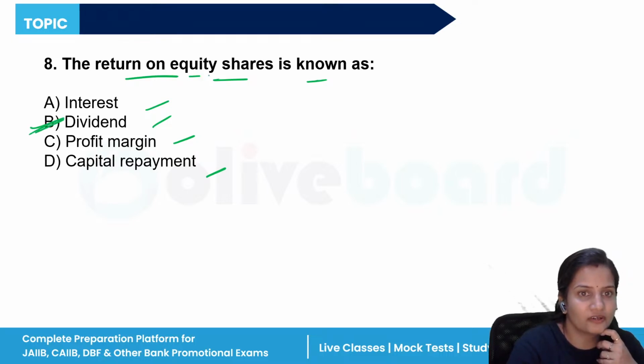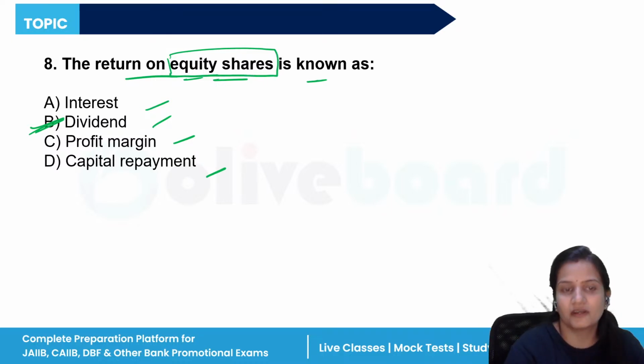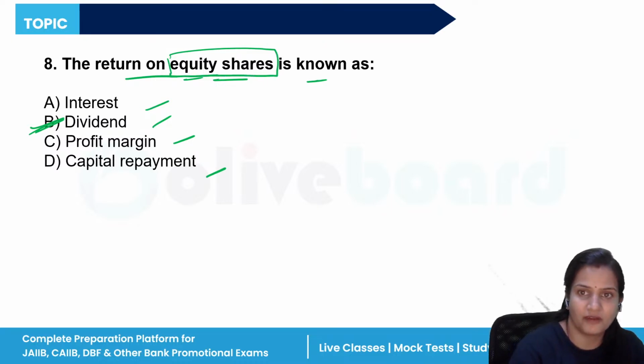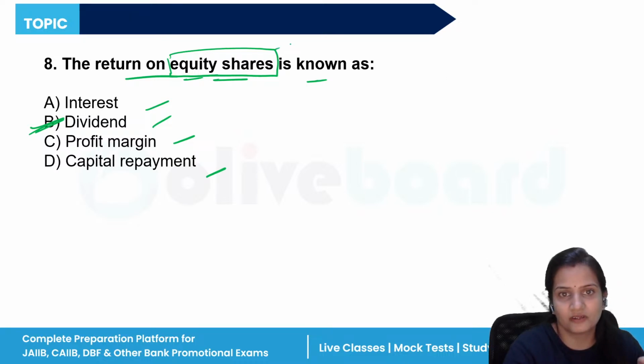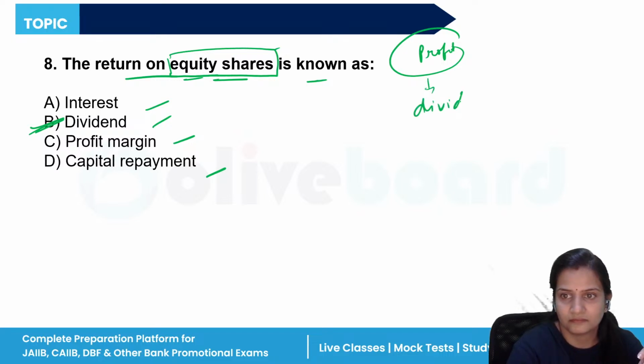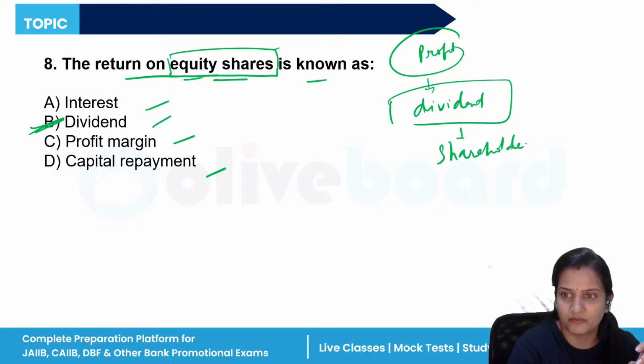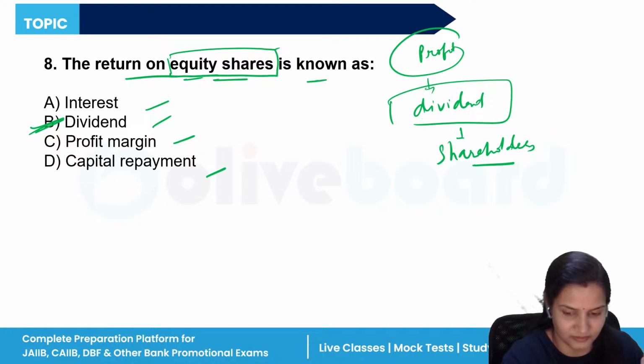Means what they get in return for having given a lot of finance to the company. In return, they get profit, and that profit is given in terms of dividend. We provide dividend to our shareholders. Shareholders are provided dividend. Clear? So option B will be the correct answer.